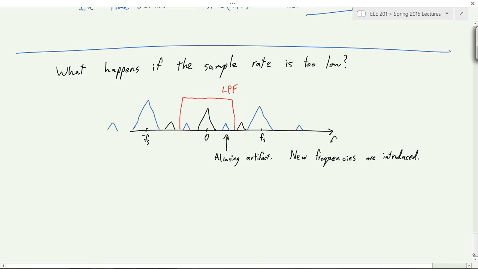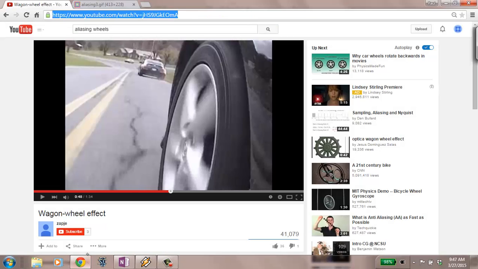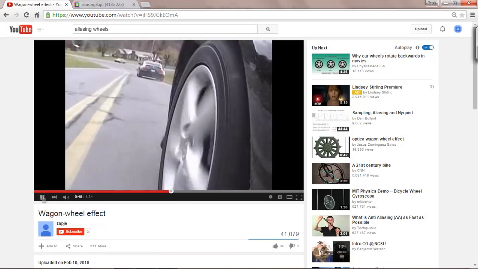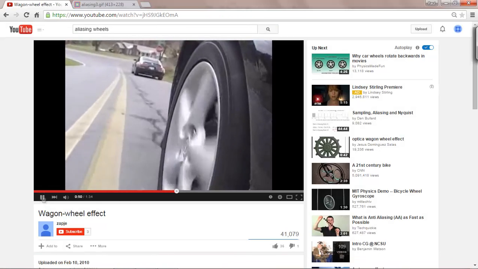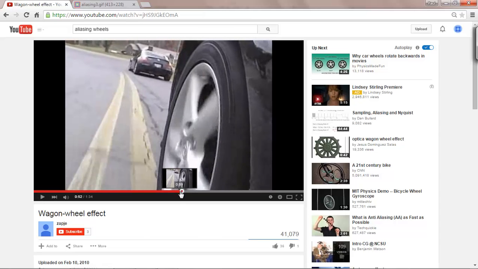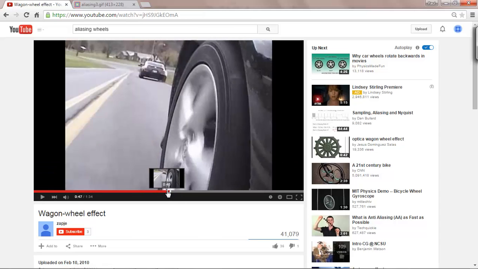Let me show some other examples of aliasing that maybe you're familiar with. If you go to, for example, YouTube and you do car tires spinning on video. So notice what happened here. I'll do that again. So a car is moving. Its tires are obviously spinning. But because of the frame rate of the camera, when you get spinning fast enough, it looks like you're not spinning anymore.